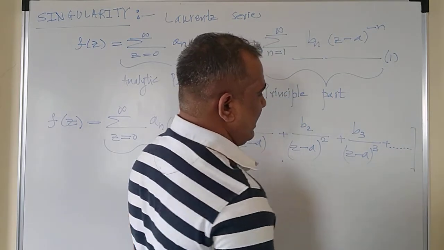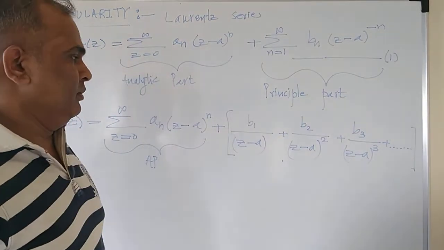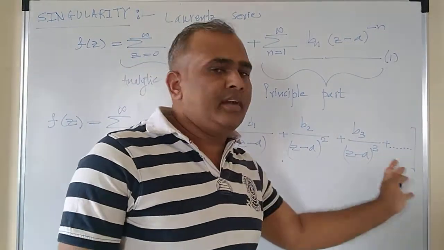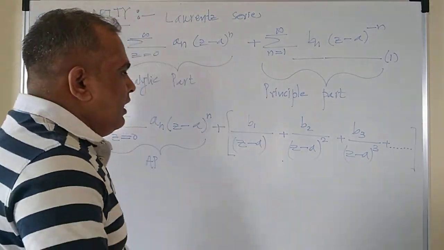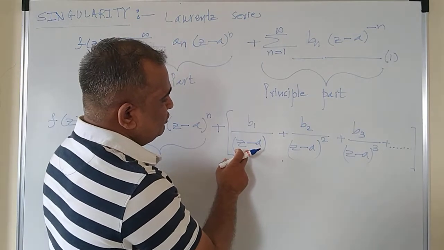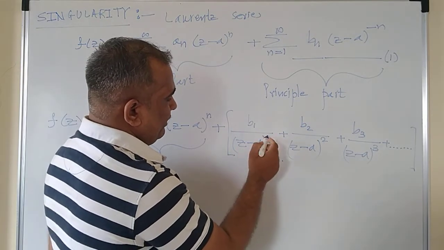In this case you will have an infinite number of terms. The terms are non-terminating. Now this denominator is (z minus a) raised to power 1.